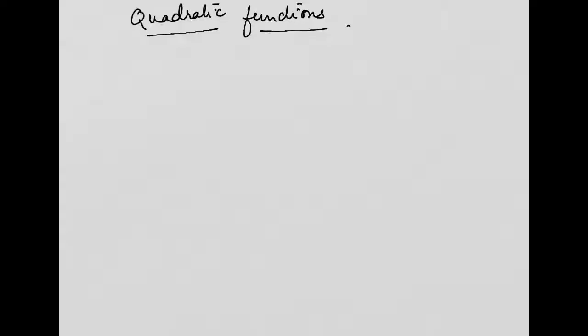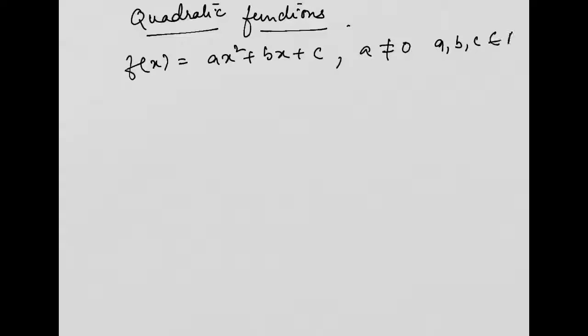Now we come to the quadratic functions. A quadratic function has the general form f(x) equals ax square plus bx plus c, where a is not equal to 0 and a, b, c all belong to the real numbers. Now, all quadratic functions, whatever quadratic functions we can imagine, are parabolic.